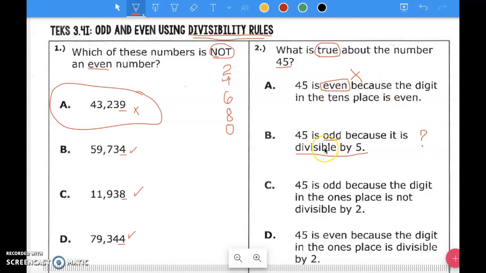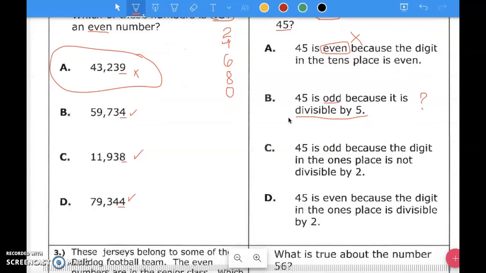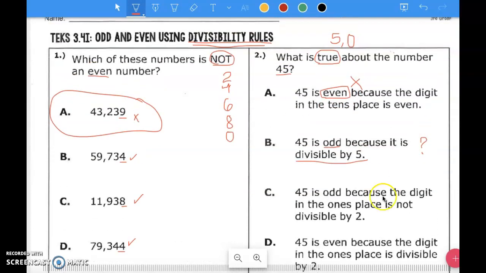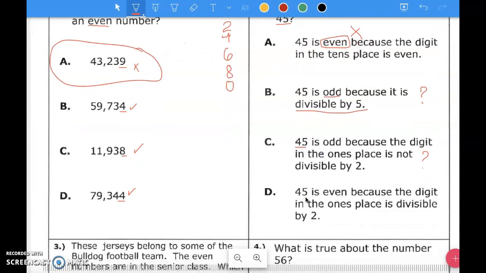Divisible by 5 are the ones that finish in 5 or 0. Okay, 45 is odd because the digit in the ones place is not divisible by 2. This could be it, 5 is not divisible by 2. That looks better than the other one.